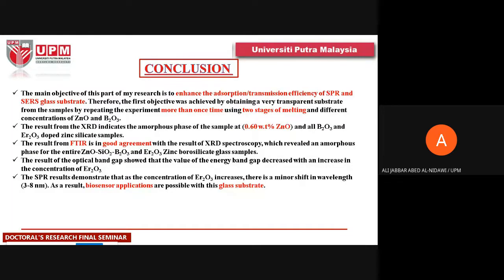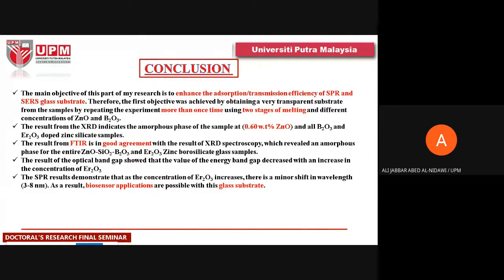The result from XRD indicated the amorphous phase of the samples with zinc, boron oxide, and erbium oxide doped zinc borosilicate glass. The result from FTIR is in good agreement with the XRD result, which revealed an amorphous phase for the entire zinc silicate, zinc borosilicate, and erbium doped zinc borosilicate.